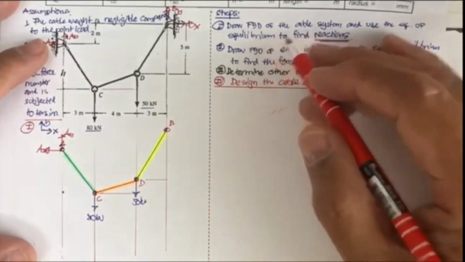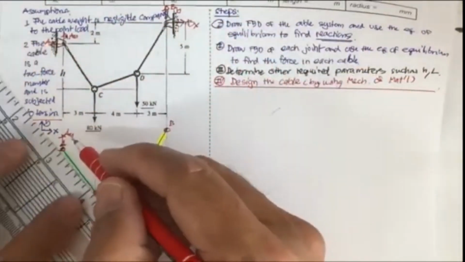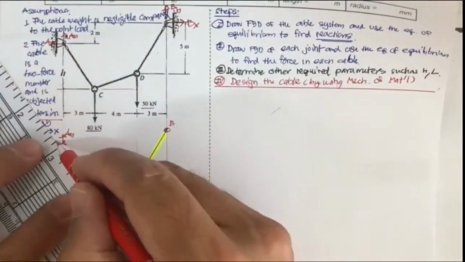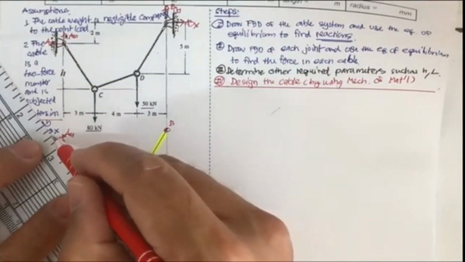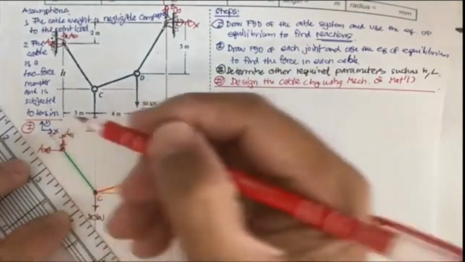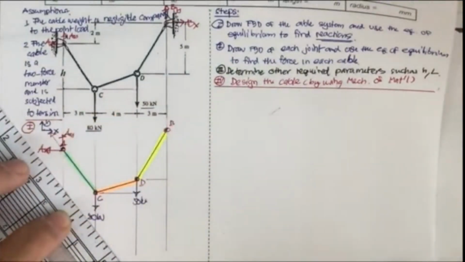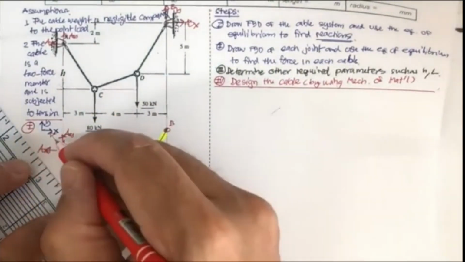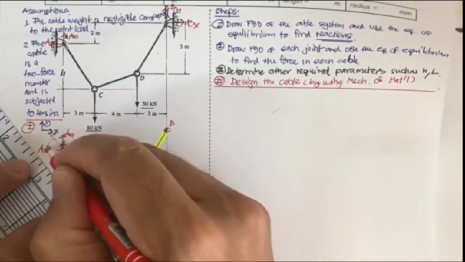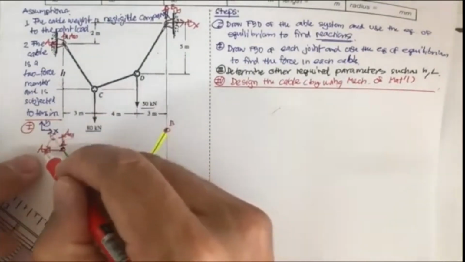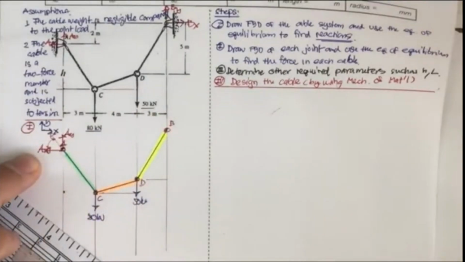One way we need to do is cut. You may cut this one. If you cut this, you can see that this portion of the cable is going to have tension along it. If you know this and you know the angle here, you can determine A sub X and A sub Y later.